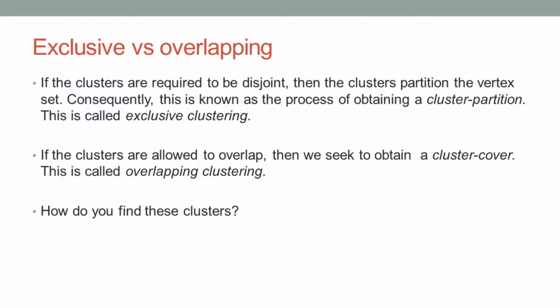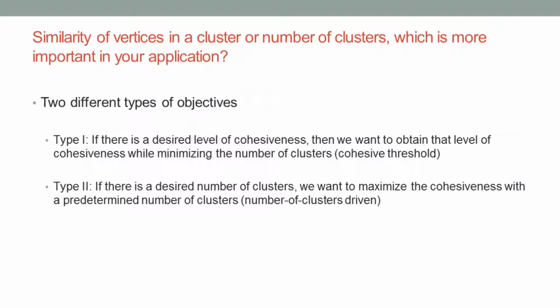And the big question that we want to address is, how do we find these clusters? Well, we still need to talk about our objective before we talk about the different types of algorithms for finding clustering, because there are two basic kinds of objectives. We defined what we mean by cohesiveness, that we want the vertices in the same cluster to be similar, and therefore that's another way of saying we want the clusters to be dense.